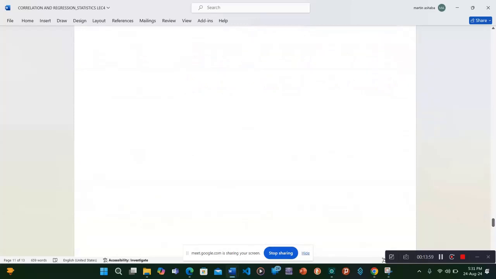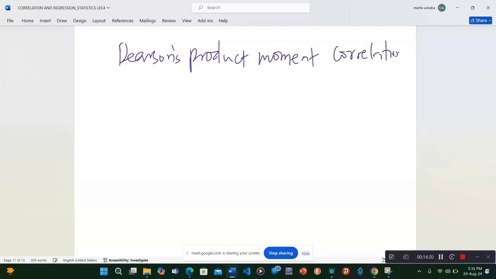So when we use Pearson's product moment correlation coefficient, that R is equal to SYX divided by square root.